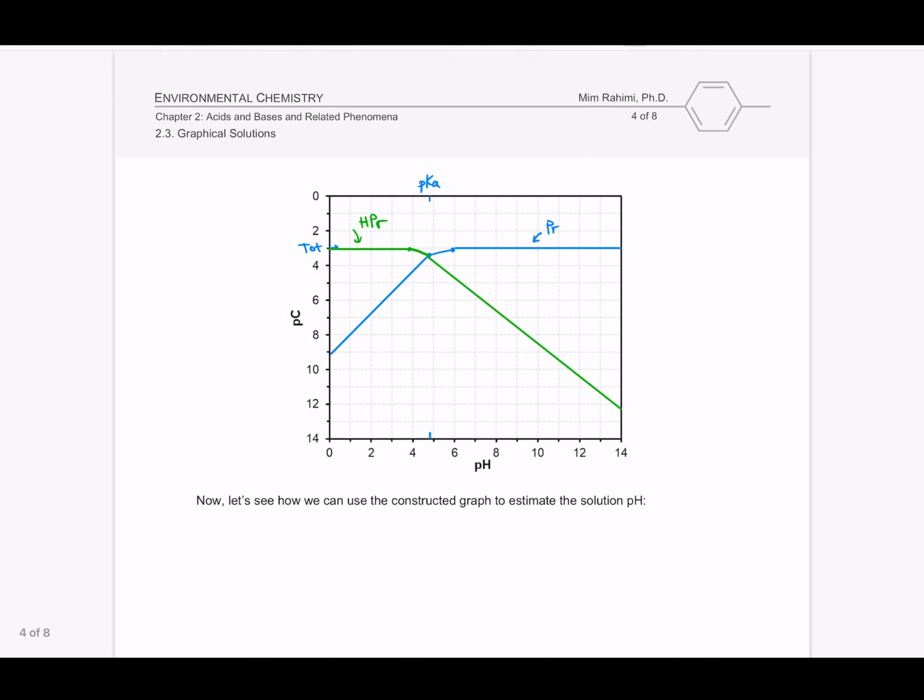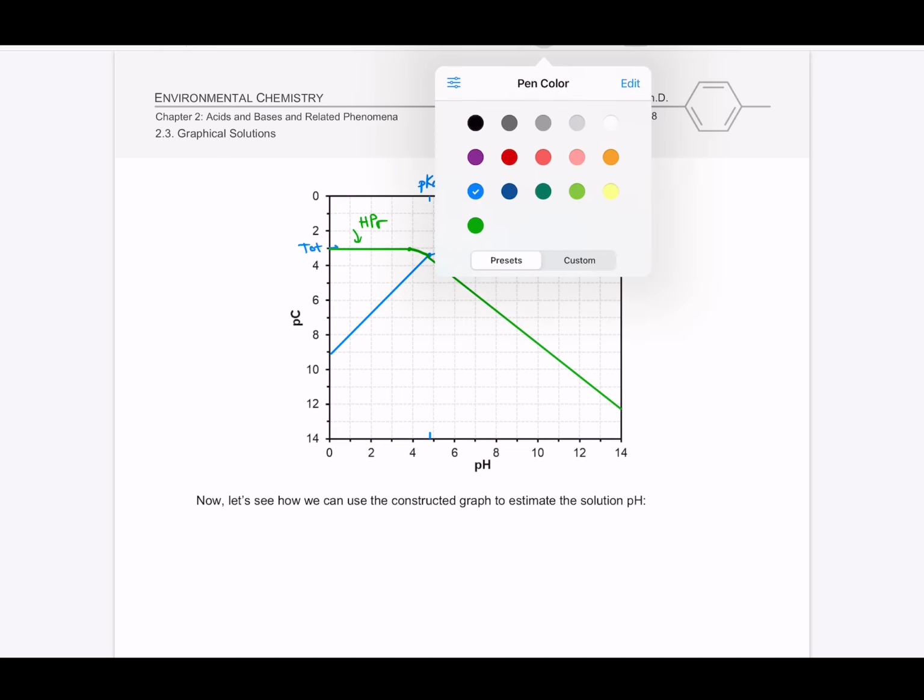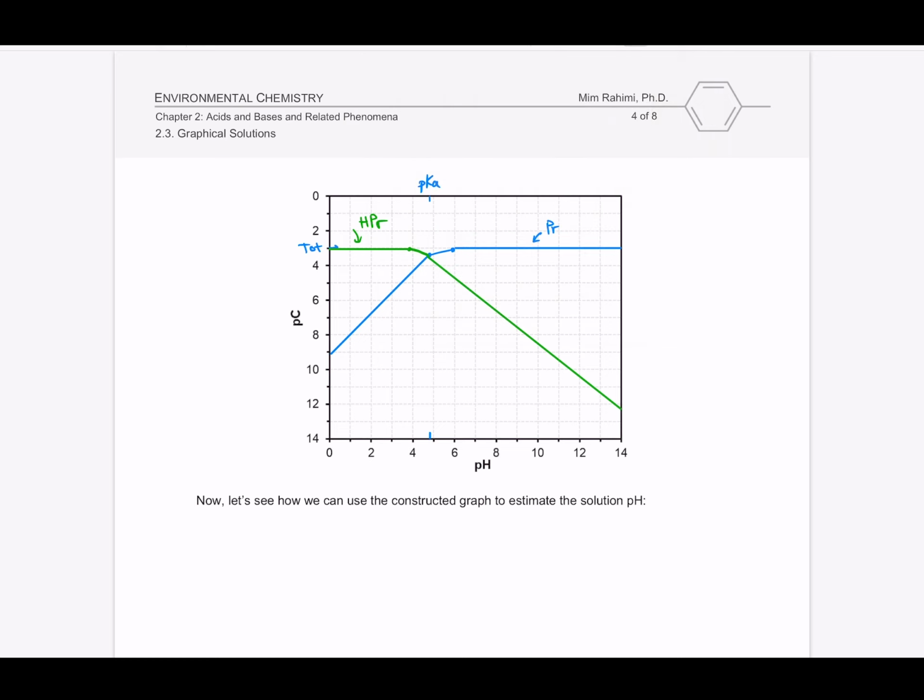And as I mentioned, we always have the lines for water. So basically the OH line and the H plus line would always be there.